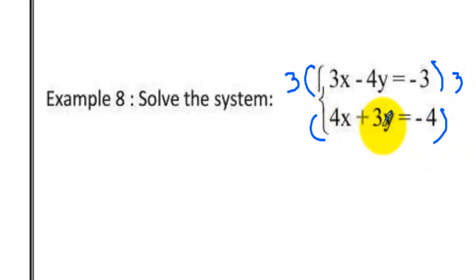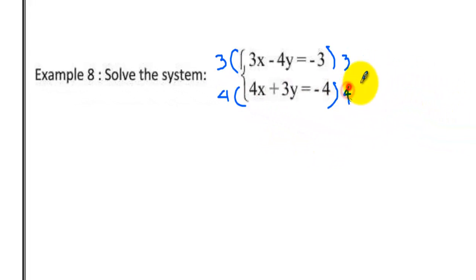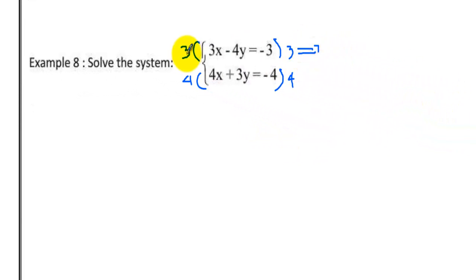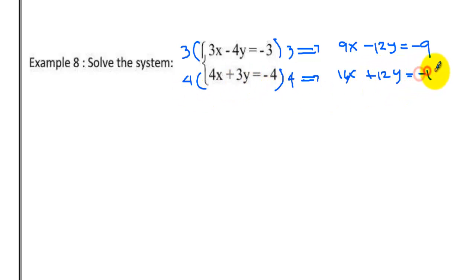To make this equal to 12y, multiply by 4. So first equation, we'll get 9x minus 12y equals negative 9. Second equation, 4 times 4x will be 16x. 4 times 3y is 12y. 4 times negative 4 is negative 16.